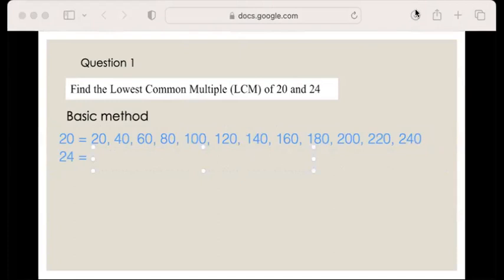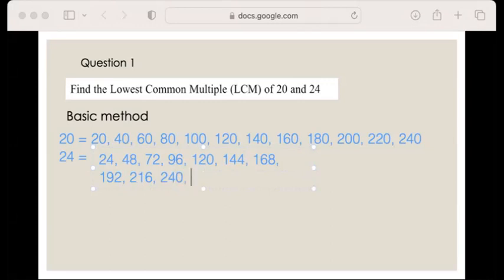So the first few multiples: 24 times 1 is 24, times 2 is 48, 24 times 3 is 72, 24 times 4 is 96, times 5 is 120, times 6 is 144, 24 times 7 is 168, 24 times 8 is 192, 24 times 9 is 216, and 24 times 10 is 240, 24 times 11 is 264, and 12 is 288. Okay, let's stop with that.